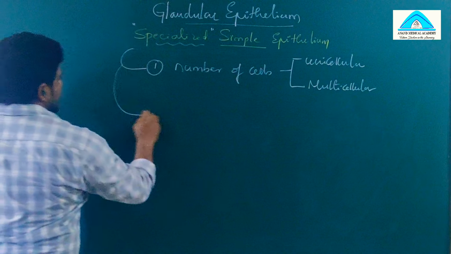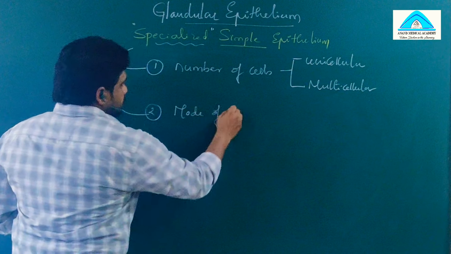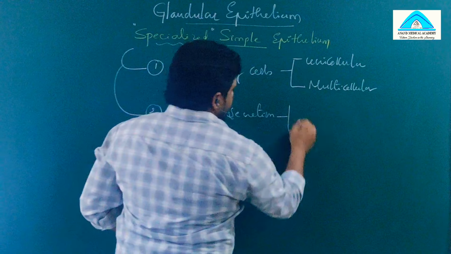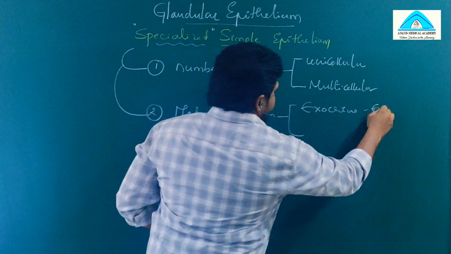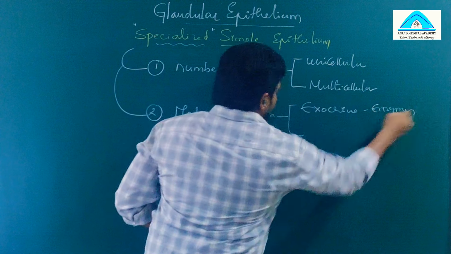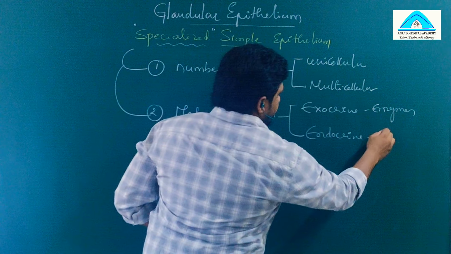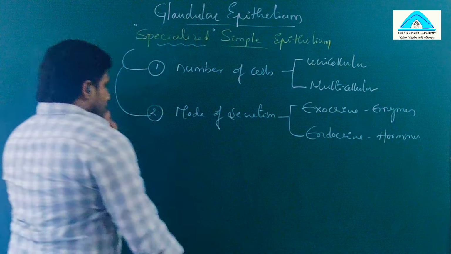And the second criterion is mode of secretion. Exocrine glands secrete enzymes, endocrine glands secrete hormones into the blood.